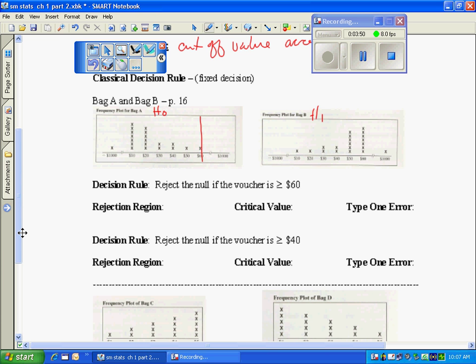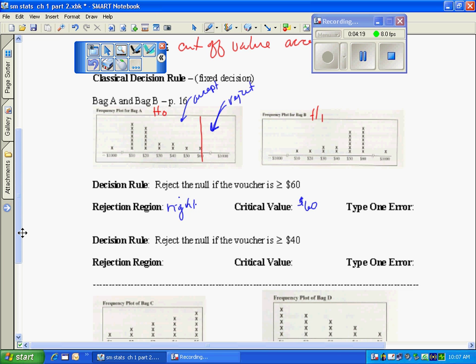So my rejection region, if I get values on this side, that's when I'm going to reject. If I get values on this side, I will accept. The right and left of $60. So my rejection region is on my right, on this side. The critical value is the $60 voucher.